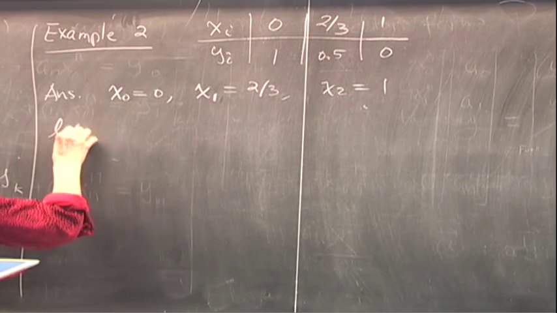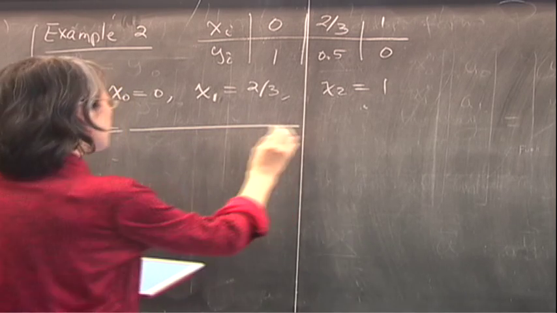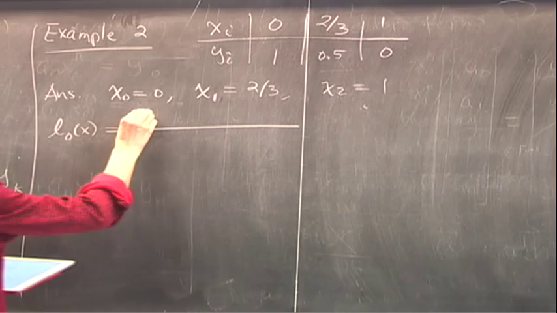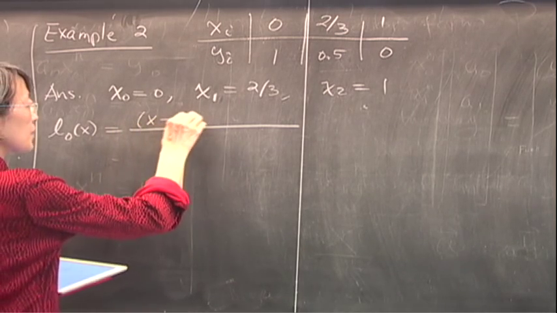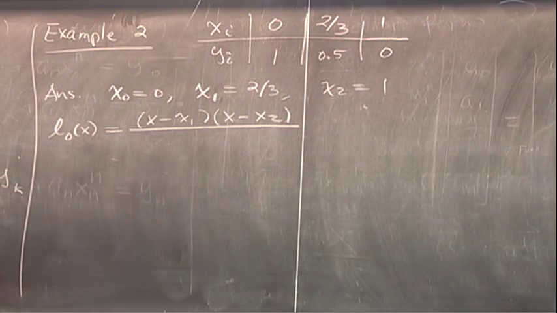So let's do that. L0 of x, what would that be? Well, we have the 3 values for x, so all I need to do is throw in this formula and work it out, right? When the index is 0, I will skip the first term. So x minus x0, I will not have. I will have x minus x1, x minus x2, those 2 terms.